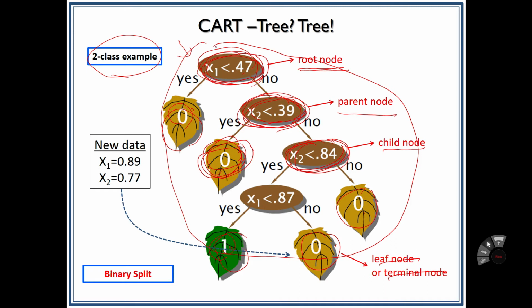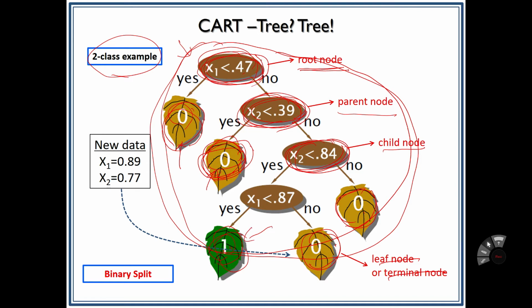Once we have this trained tree, each of the leaf nodes, each of the terminal nodes, has its own class label. So this leaf node is class 0, this leaf node is class 0, this one is class 1.